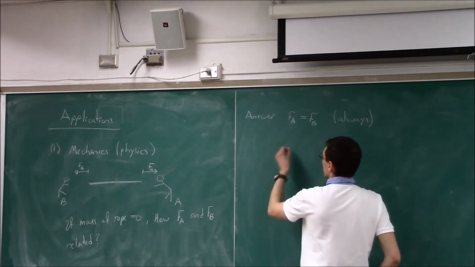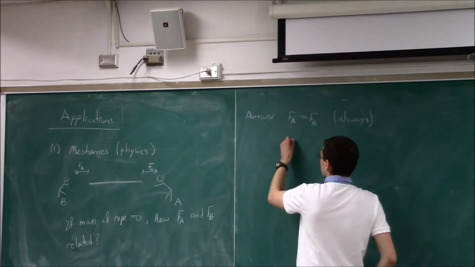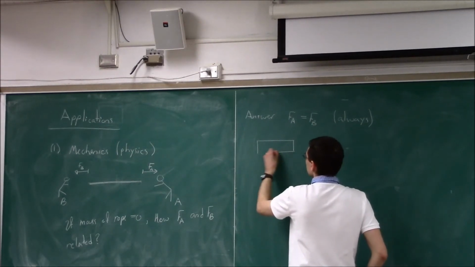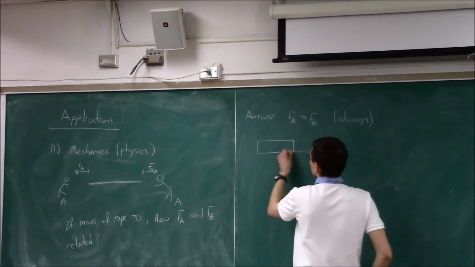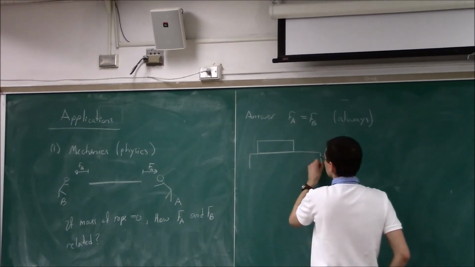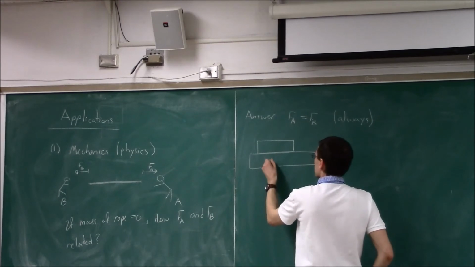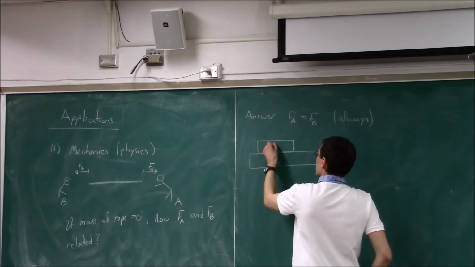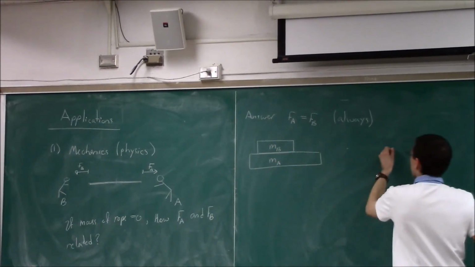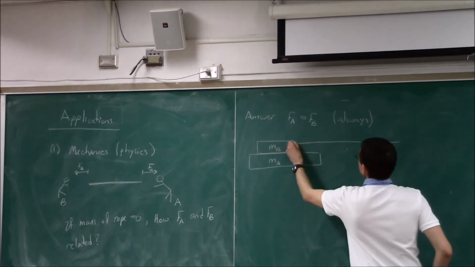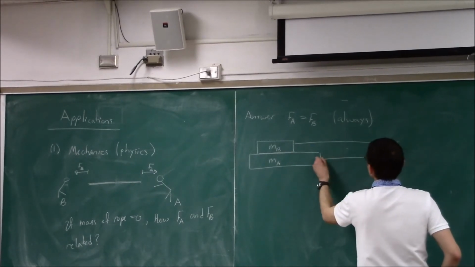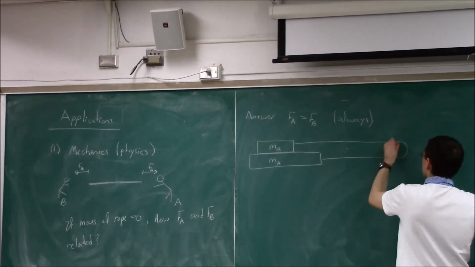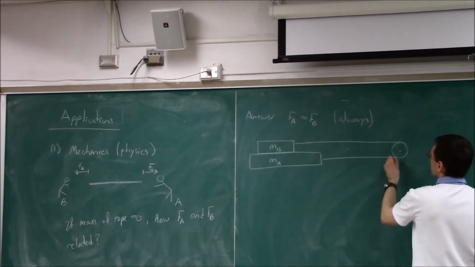So how it works in physics, for example, if I take 2 blocks, and this is mass A, this is mass B, and basically there is a pulley here, and the pulley is massless.